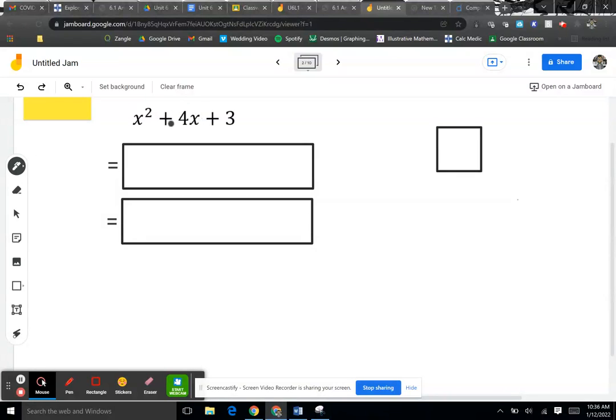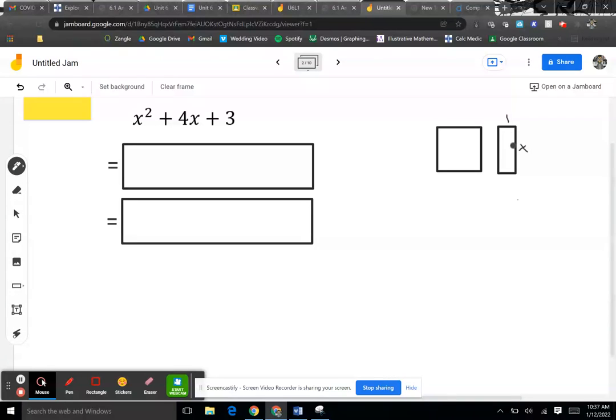We also have plus 4x. So that's 4 different x's. Well, for an x, I'm going to draw it like this, kind of as a rectangle, a little smaller. I'm drawing it like this because this length I'll call 1, and this length is x. So the area is the length times the width.